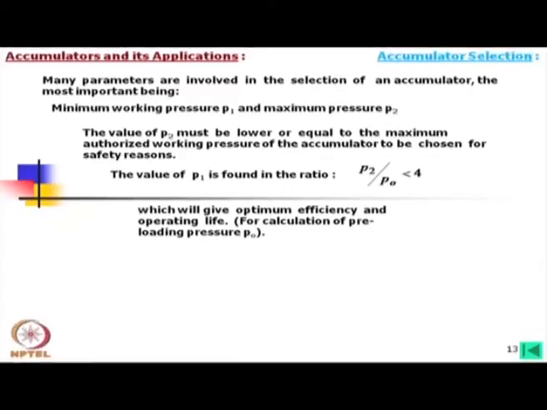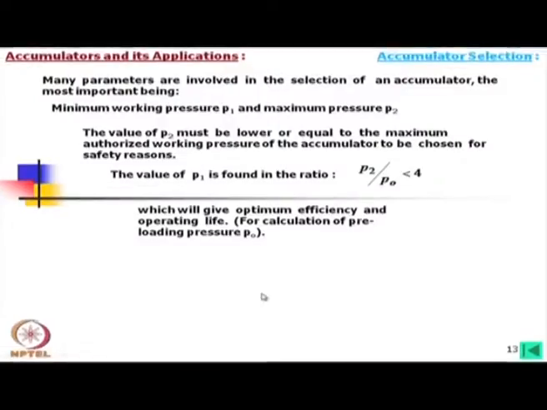It will be less than the working pressure, but when the pressure works on that bladder or the gas, that pressure will rise. Okay. And it may rise a little above P 2. The design is in that way, which will give optimum efficiency and operating life for calculation of the preloading pressure P 0. This is called the preloading pressure P 0.